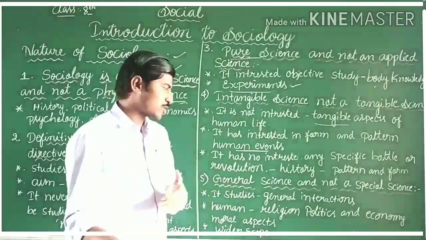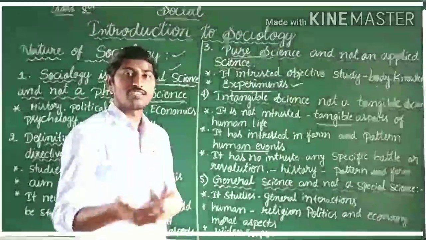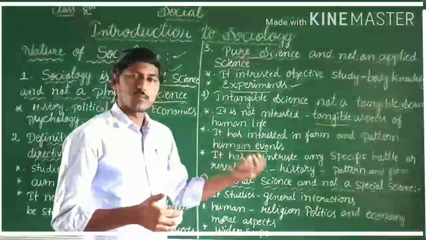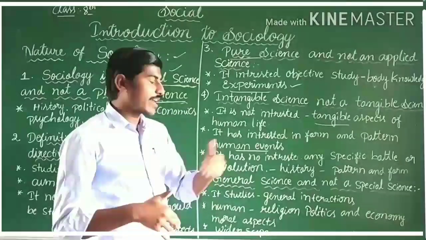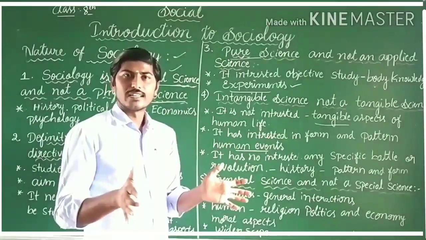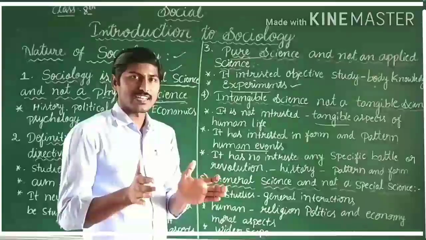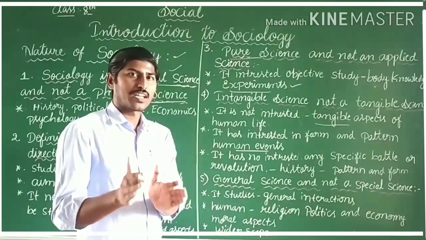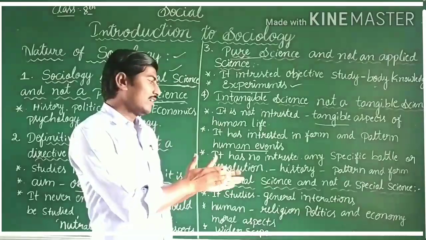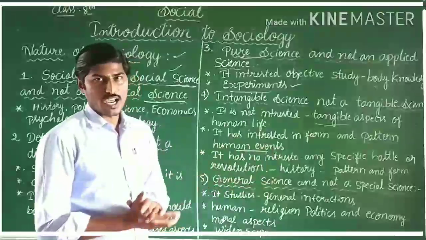The people participate in religious, traditional and cultural activities, and in political and economic events. The people are involved in those events, and generally we can learn those aspects in sociology.